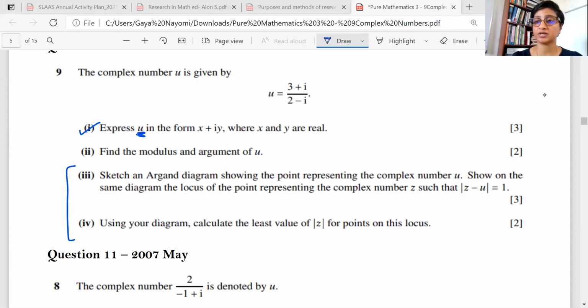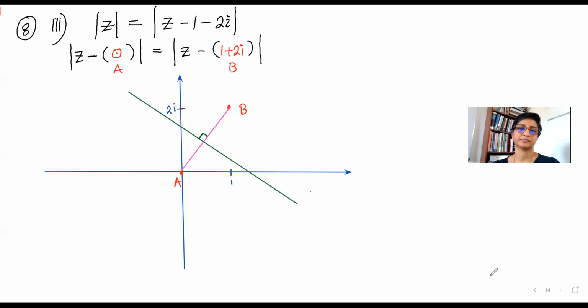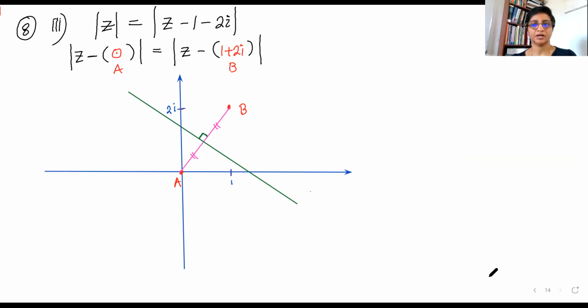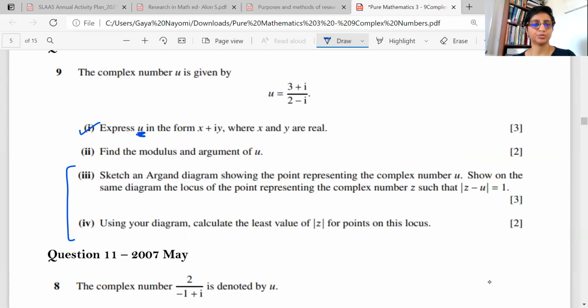Oh, can you show the diagram, the one you drew? Yes, sure. This is part 3. And just do this to show that they are equal. Okay, Hatri. First find u because you need it to do part 3 and 4.